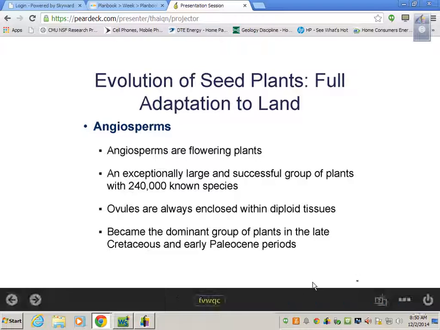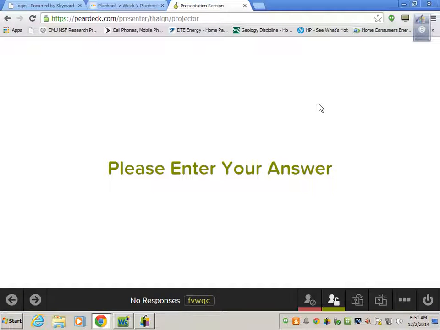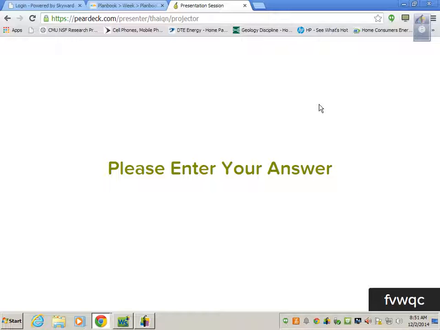So why were flowering plants so successful? Why did flowering plants take over in the early evolution? What did that do? Think about it. Why were angiosperms so successful?